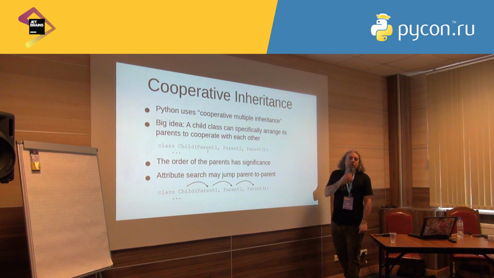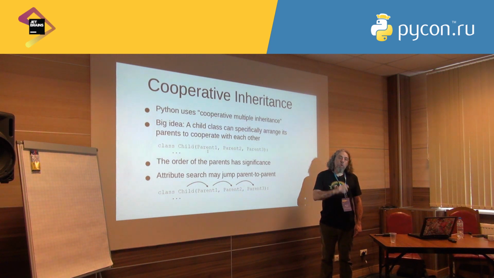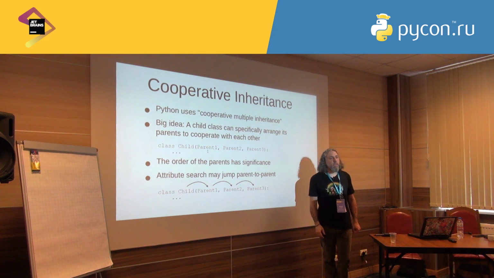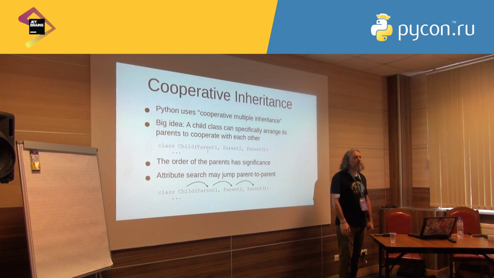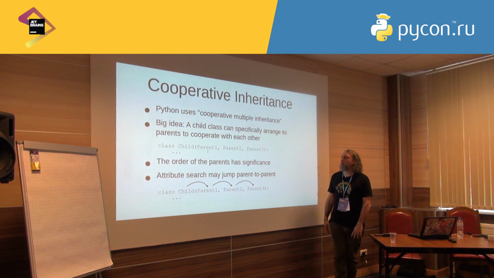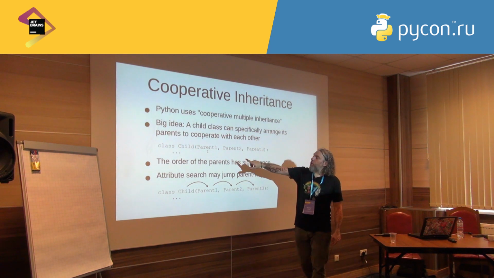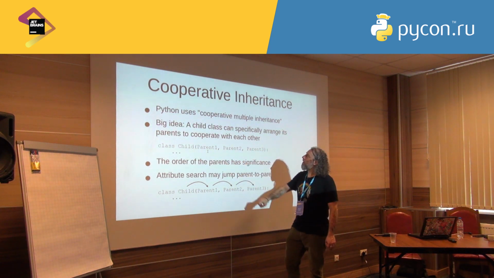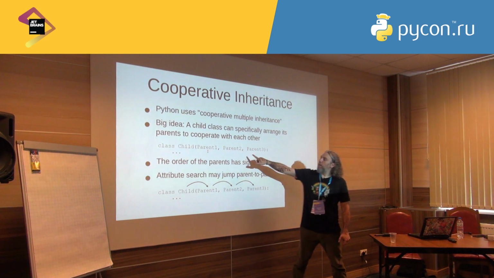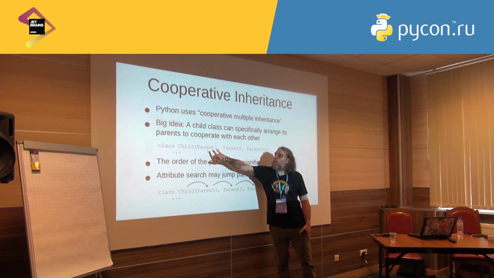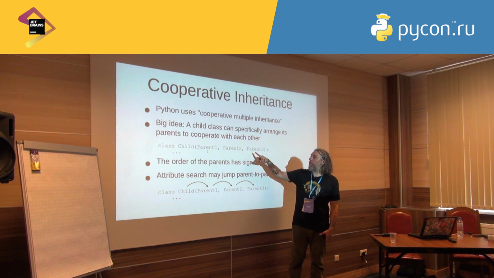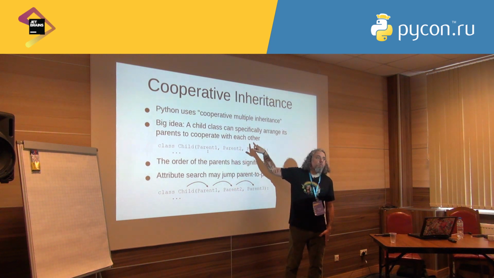So the type of multiple inheritance that Python has is called cooperative multiple inheritance. And there are other types, and other languages only have single inheritance but allow interface declarations, so you can sort of get multiple inheritance. But the idea is that the child class here can customize its behavior not just by inheriting from the parents, but by the order it puts them in.